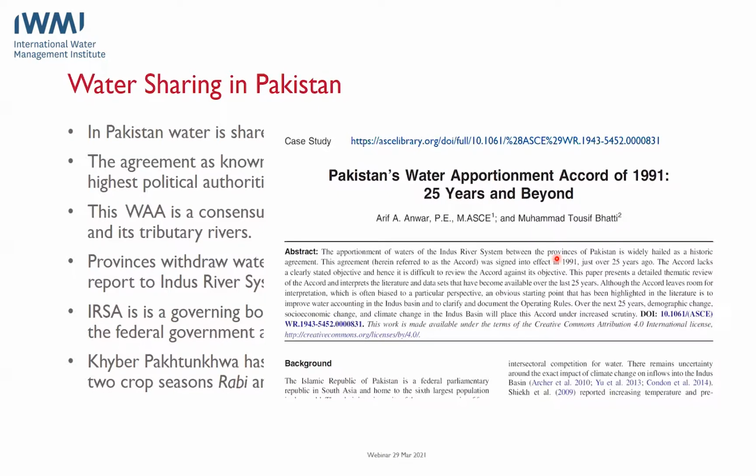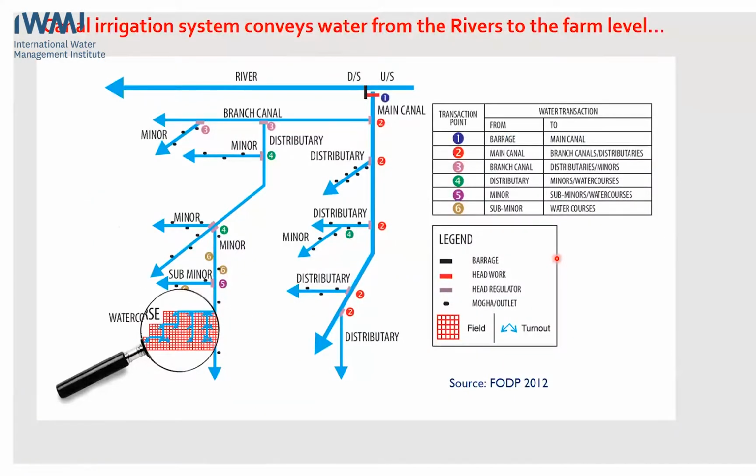The core of these dialogues was to identify the problems or misinterpretations of the water apportionment accord, and also to identify where technology can help. And this is how the Indus telemetry system arises.